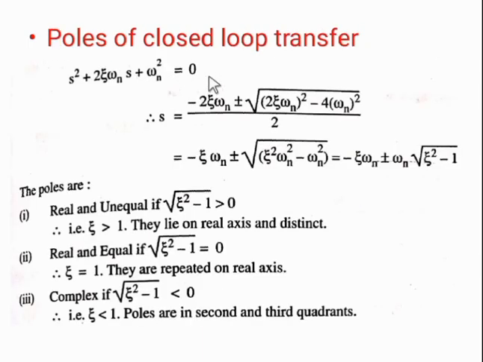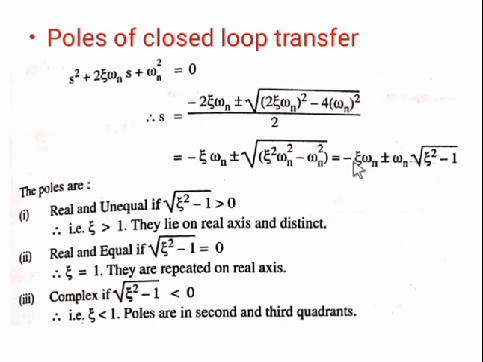The roots of this equation are s equal to minus B plus or minus under root delta, divided by 2A. Here A equal to 1, B equal to 2 zeta omega n, delta equal to B square minus 4AC, and C equal to omega n square. So if we put in these values, we get two roots.